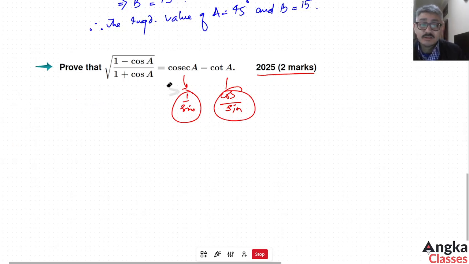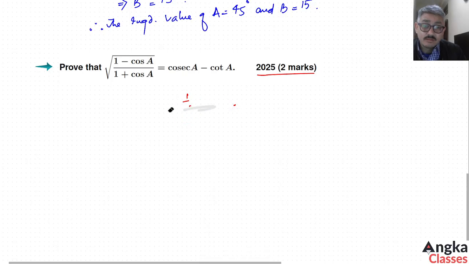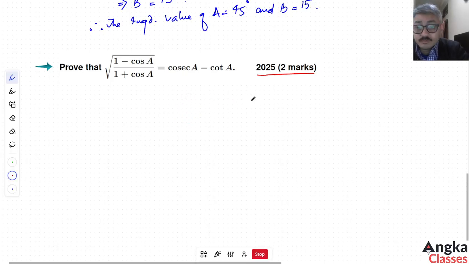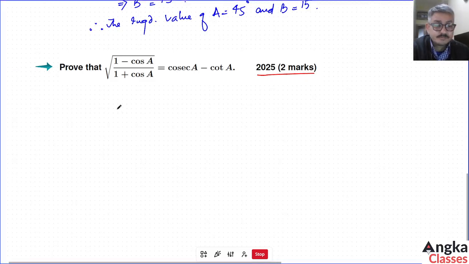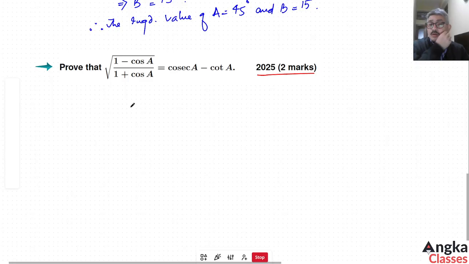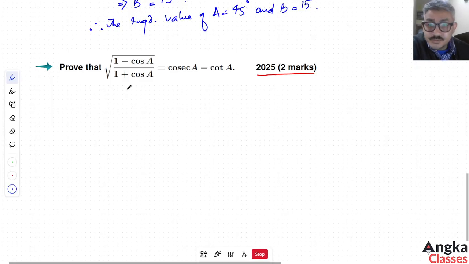Okay, so let us clean this and proceed with the solution. Let's look at the right hand side.